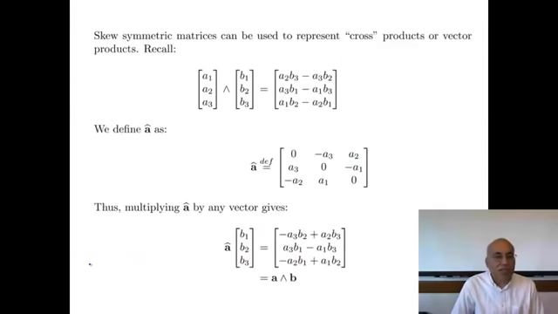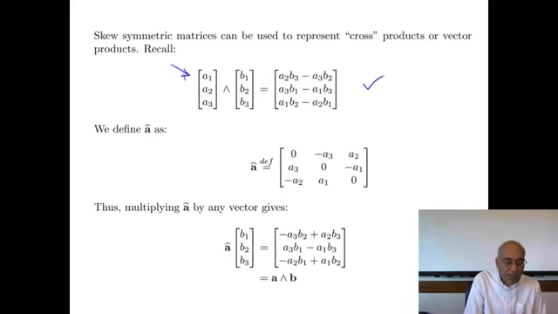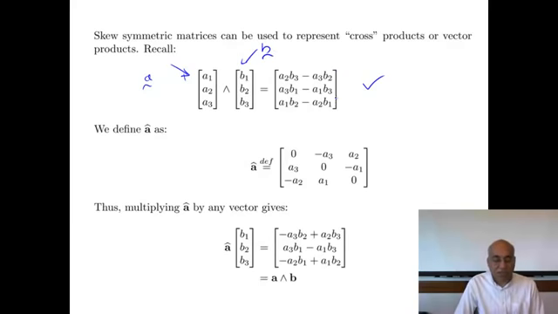Okay, now let's build up from this connection of vector product and skew-symmetric matrices. This is the standard definition of the vector product. I'm given a vector A and a vector B, and then the vector product is another vector, and this is what the components will be.